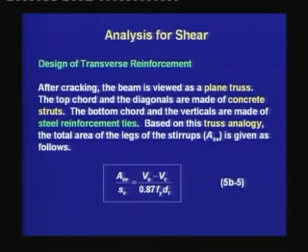This truss action is used to develop the expression of the amount of steel that is needed to resist the shear. The expression is given as follows: Asv divided by Sv is equal to (Vu minus Vc) divided by (0.87 fy times dt).